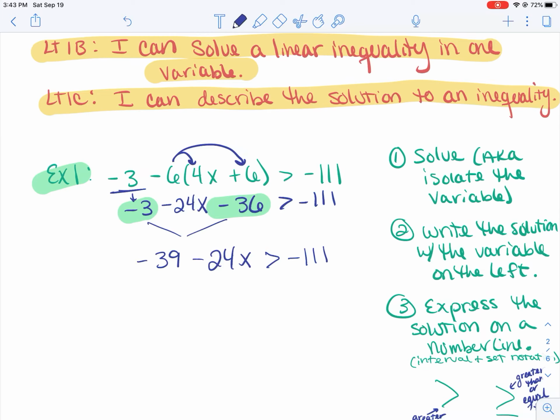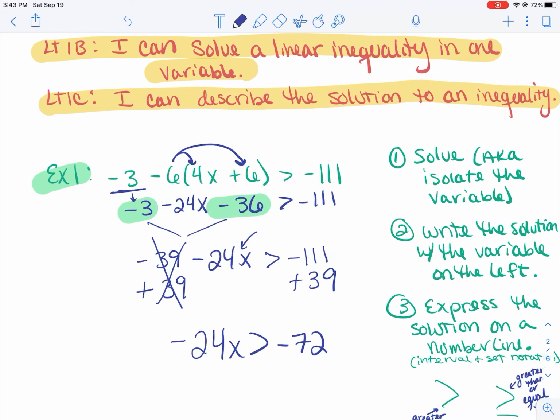All right. The next thing I'm going to do is add 39 to both sides because I want to isolate this variable x, right? So I need to add and subtract values away from the variable. So -24x is greater than, let's see, what do we get from -111 plus 39 is -72.